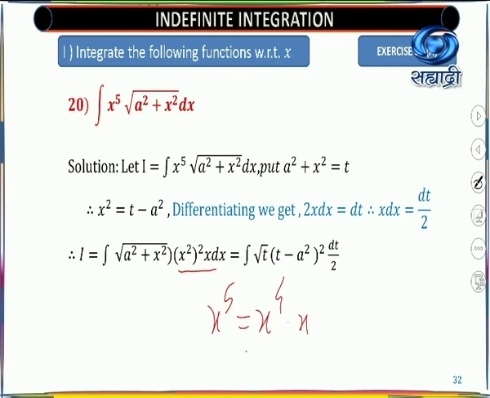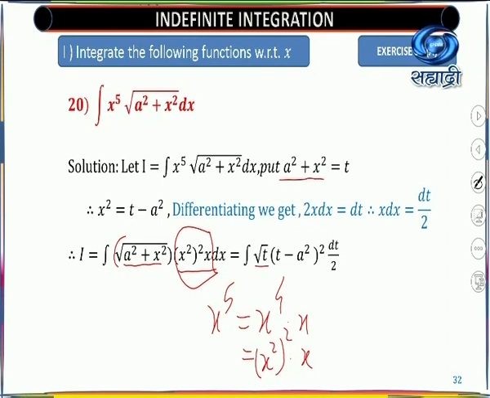Now this x raised to 4 I will write as x square bracket square. So this is actually x raised to 5, root of a square plus x square is there inside the root sign. Now substitution says that a square plus x square is t. So whatever you are having here, you will get only root t.